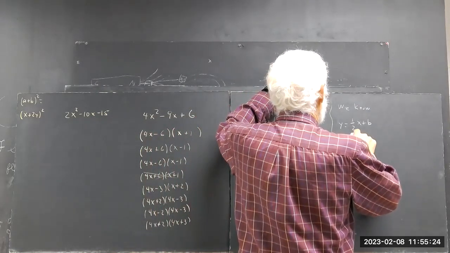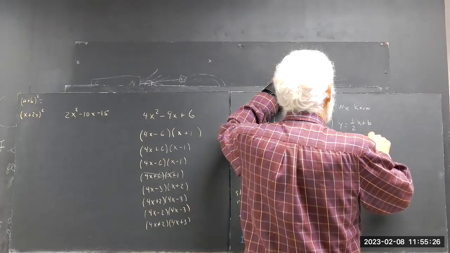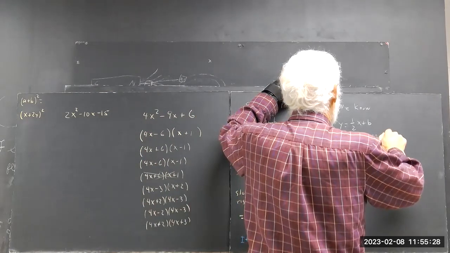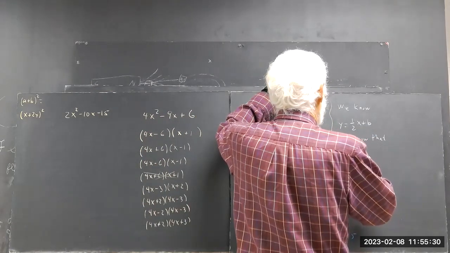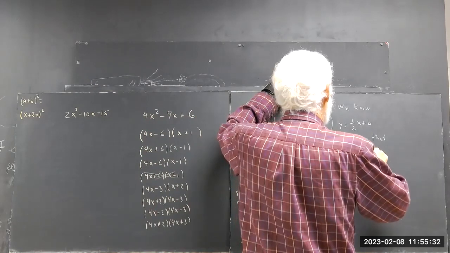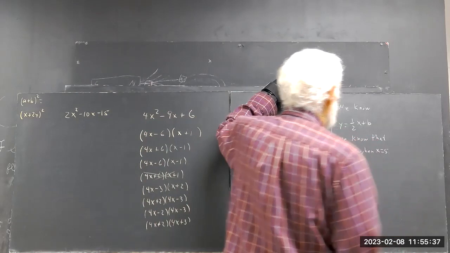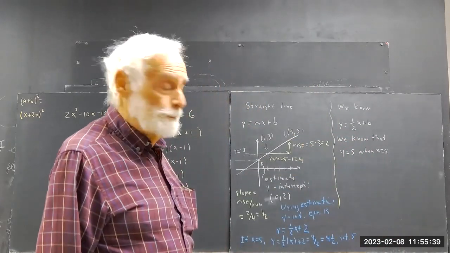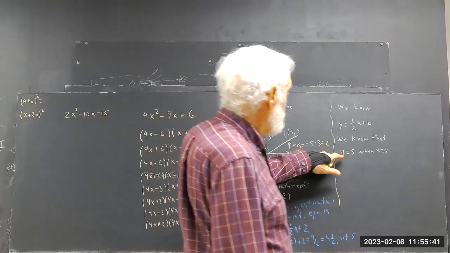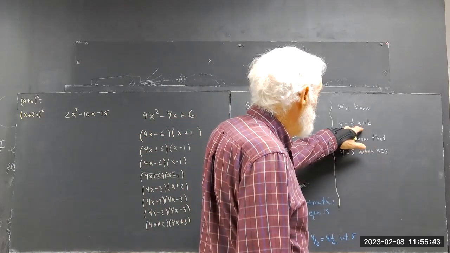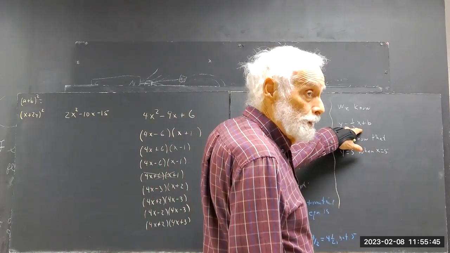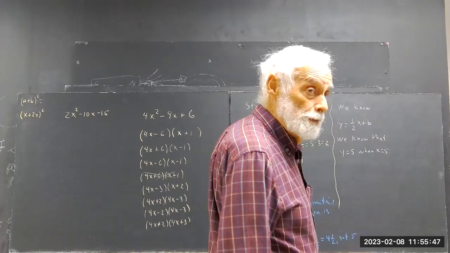we also know that y equals 5 when x equals 5. Well, that means that we could substitute 5 for y and 5 for x, and that would give us an equation we can solve for b.